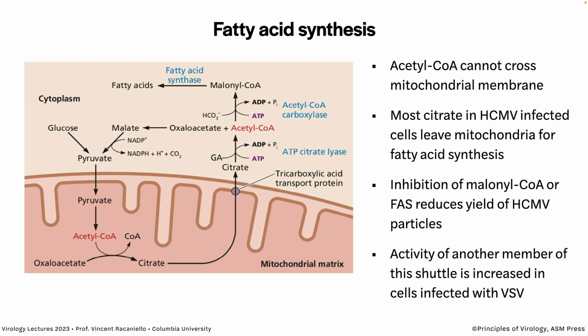If you inhibit this enzyme, the malonyl-CoA synthetase, you inhibit the production of human cytomegalovirus proteins. And vesicular stomatitis virus, which also depends on membranes, also tinkers with another member of this shuttle. So this is an essential part of the increased biosynthesis for many viruses.